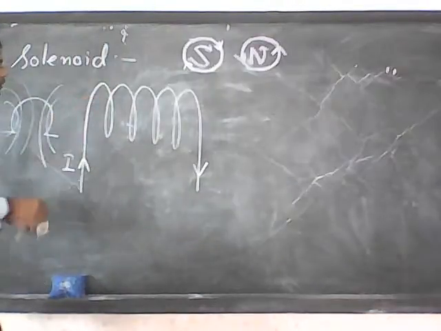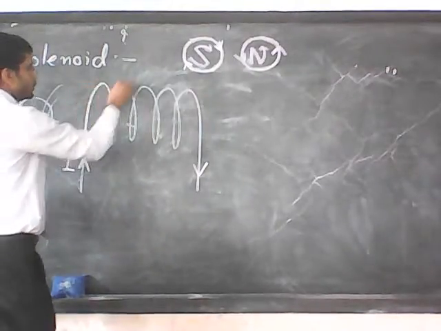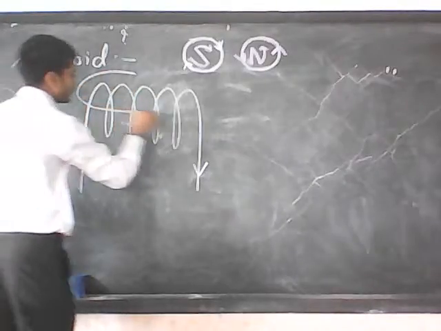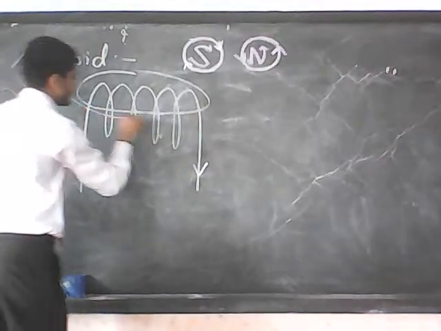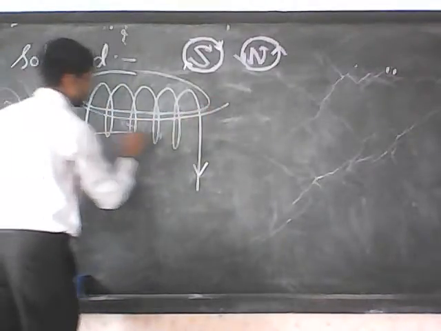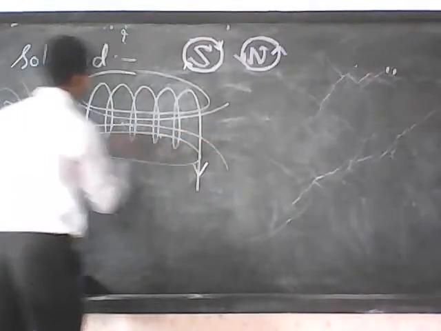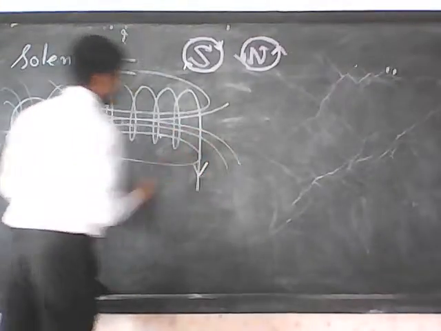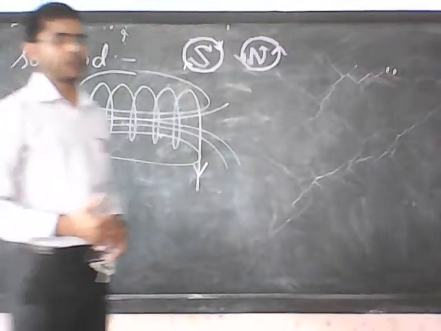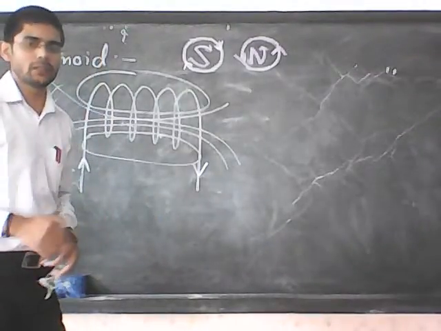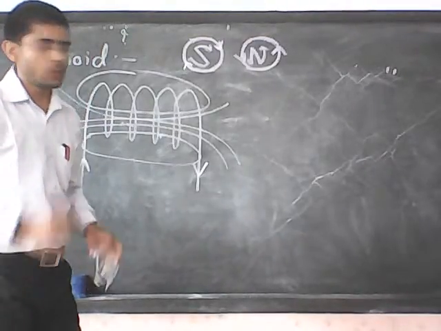Now, here we can observe the magnetic field. For this loop, definitely it will be like the circle. You know that the magnetic field lines outside of the magnet move from north to south and inside from south to north.